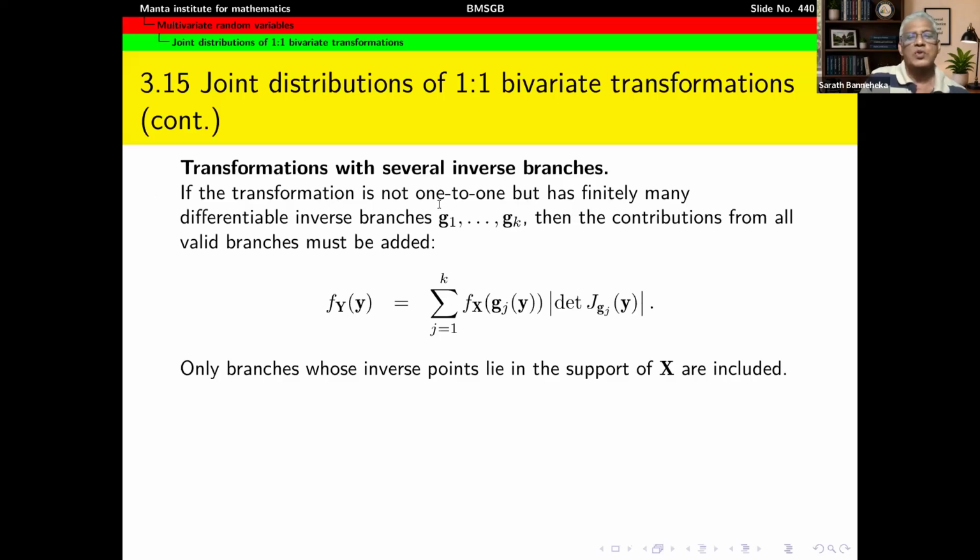If the transformation is not one-to-one, but has finitely many differentiable inverse branches, say g1 up to gk, then the contributions from all valid branches must be added to get the joint density of y's. Only branches whose inverse points lie in the support of x are included in this case.